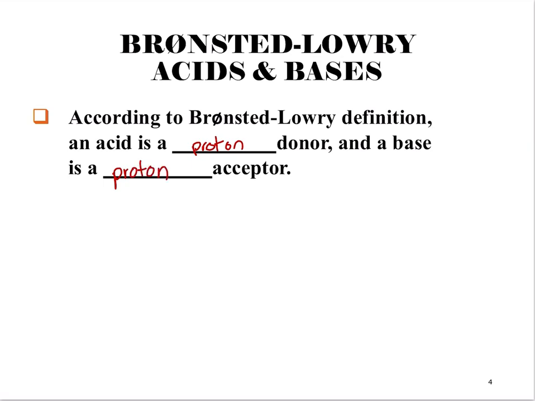Right. So according to the Bronsted-Lowry definition, it isn't just if we create H3O plus or OH minus in solution. It's are we donating a proton or are we accepting a proton? And so if we think about an acid like hydrochloric acid plus H2O, we see that we get H3O plus, the same as what we had on the previous slide, plus Cl minus.